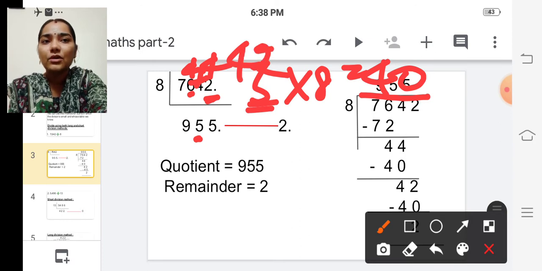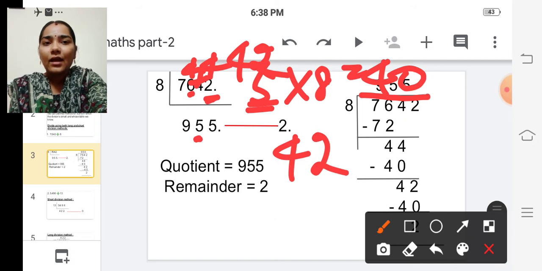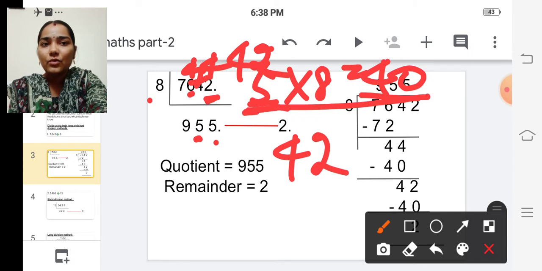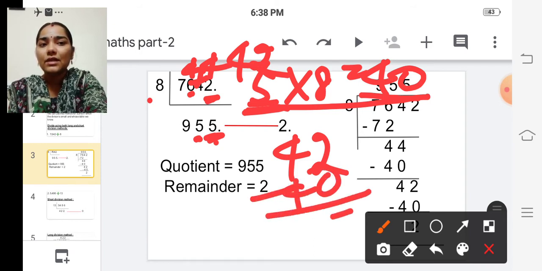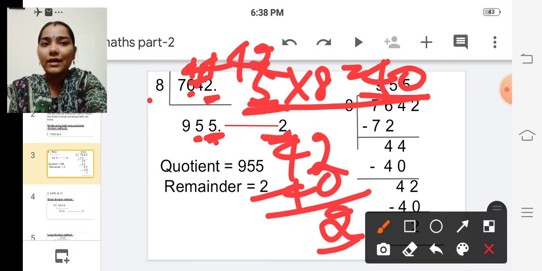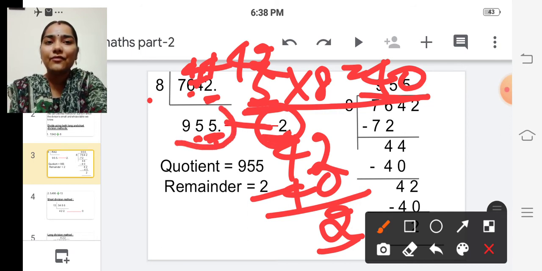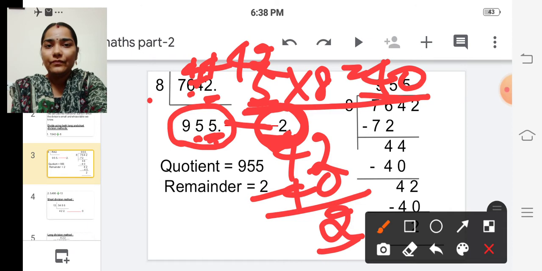So it becomes 42, and 5 eights are 40. We write this 5 here, and 42 minus 40 is 2. So the remainder is 2, and we write the remainder here. This 955 is the quotient, the answer, and the 2 is the remainder.